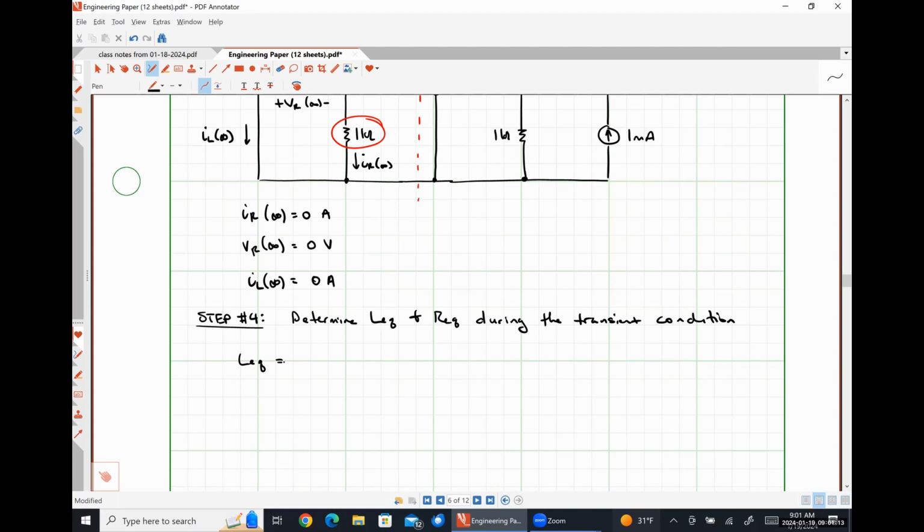So I hope we can all agree that by inspection, LEQ is just 1 millihenry. Not a lot of effort had to go into that, which is great.